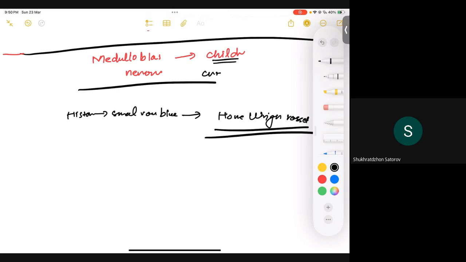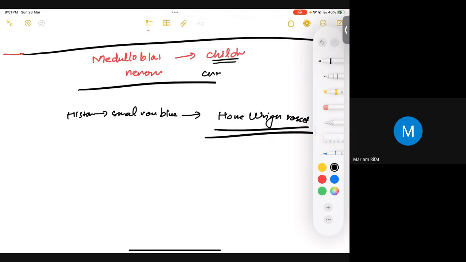Have you guys done this topic before? No. Okay, so Dr. Mariam will tell me; I think she already knows a lot. Pathologically we see a rosette appearance, cells surrounded, the central area is necrotic and surrounded by small blue cells.